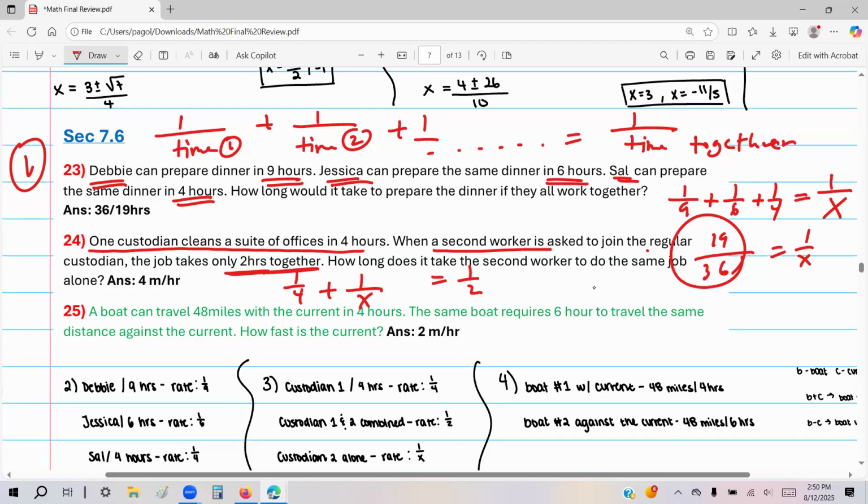They give us the together. They need 2 hours together, so 1 over 2. And we have one custodian at 4 hours, and you're looking for how long it takes the second custodian. So the second custodian is missing, so 1 over x. And then to make your life easier, bring the numbers together and keep your x, so you subtract 1 over 4. Simplify and then flip.